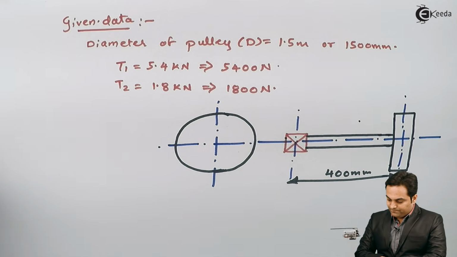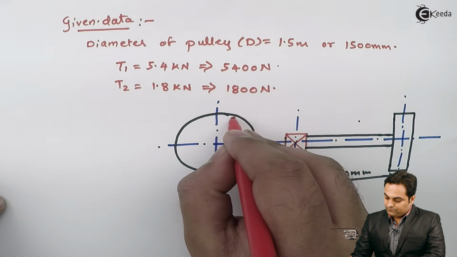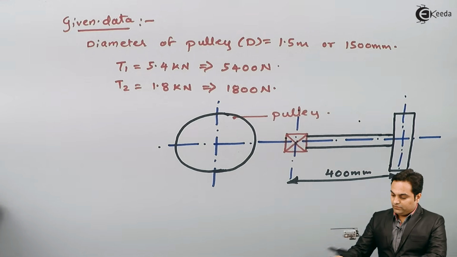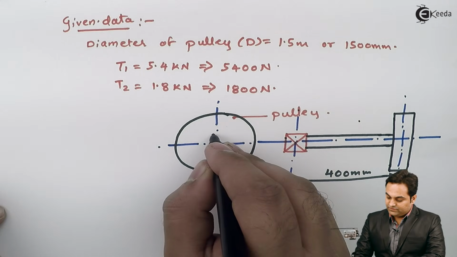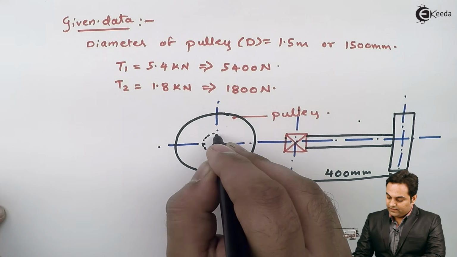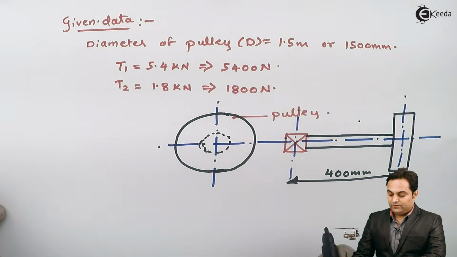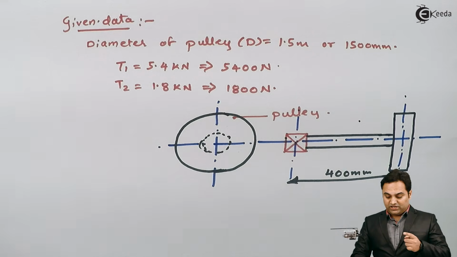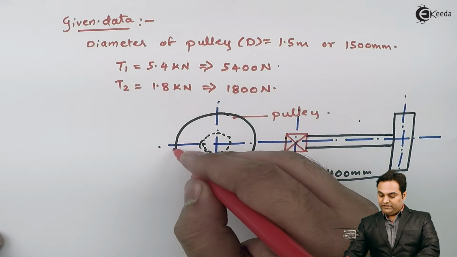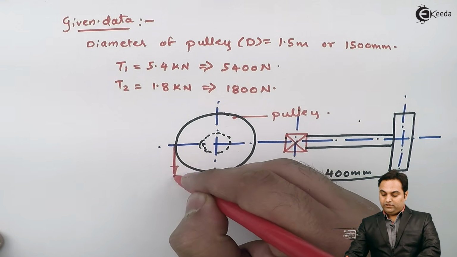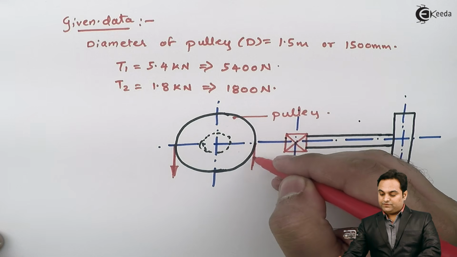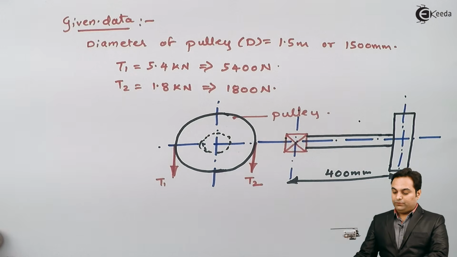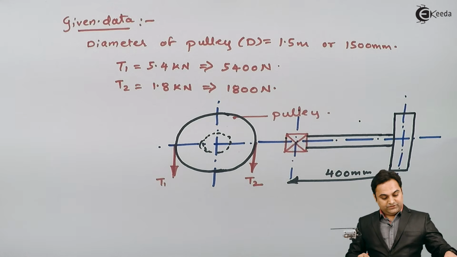This is the pulley, and here when I look from this side, this shaft would be hidden and it would be here. Now in the question it is given that both these belt tensions, they are vertical. So that belt tensions, I'll show them as vertical. These are the tensions T1 and T2. These are my directions.